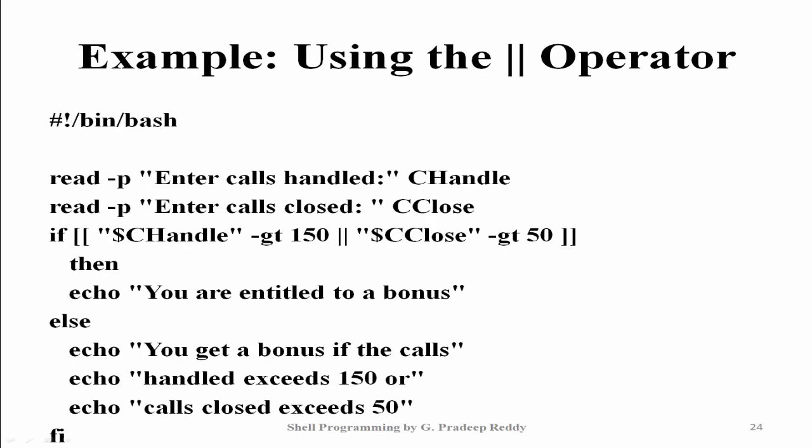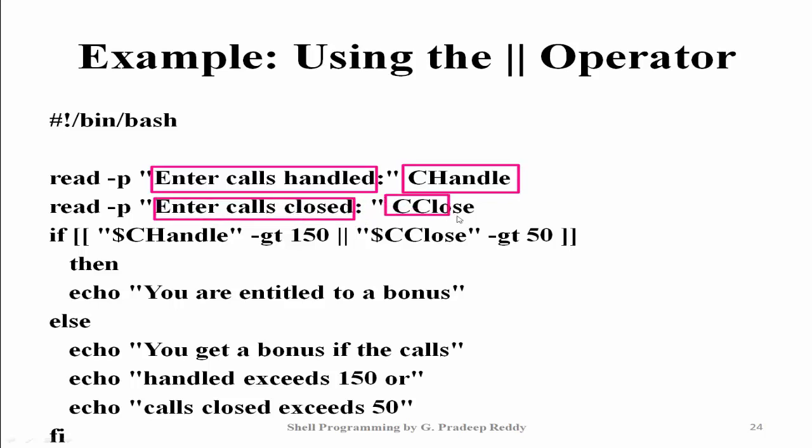Here you have another example using an OR. Here you are going to prompt a message: enter calls handled and enter calls closed. Here you are using a C handle, which is handled, and a C close where it is going to store the calls handled and calls closed.